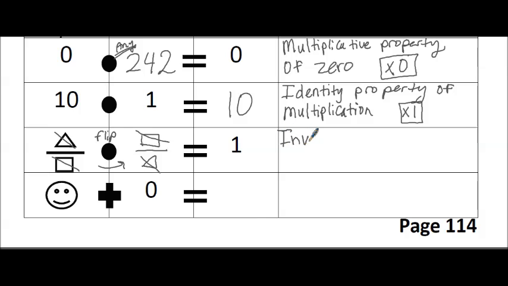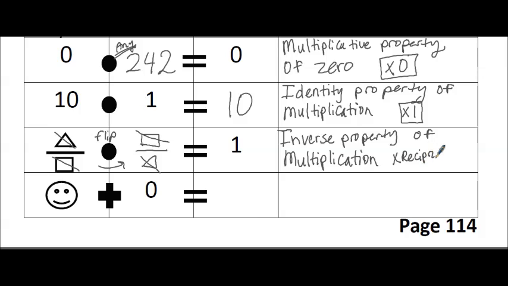So we inverted the fractions, or flipped the fractions, or multiplied by its reciprocal to cancel out, and we used the inverse property of multiplication. So whenever you see that you're multiplying by the reciprocal and it cancels out to equal 1, then we're using the inverse property of multiplication.